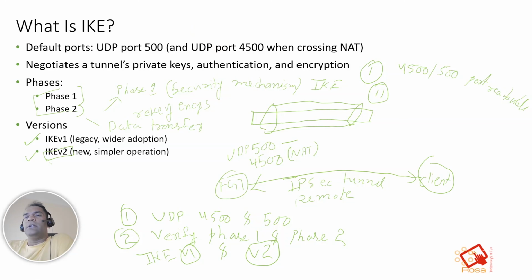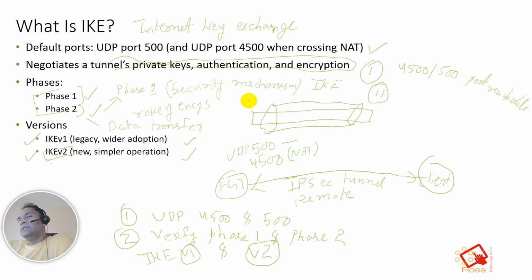So for IPsec to work, you should have Internet Key Exchange. IKE stands for Internet Key Exchange. This protocol is used for establishing secure communication between the client and the server, or in site-to-site IPsec VPNs, and it works on ports 4500 and 500, negotiating tunnels, private keys, authentication and encryption, and it has phase 1, phase 2 and versions V1 and V2.